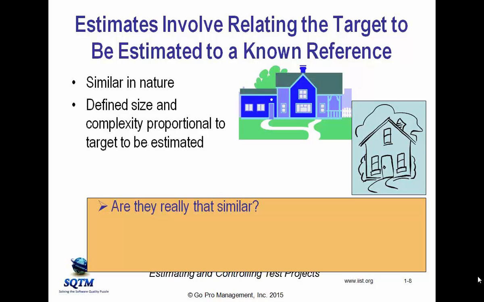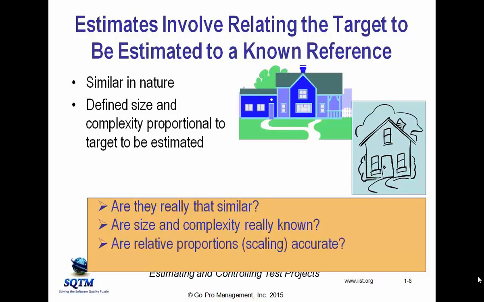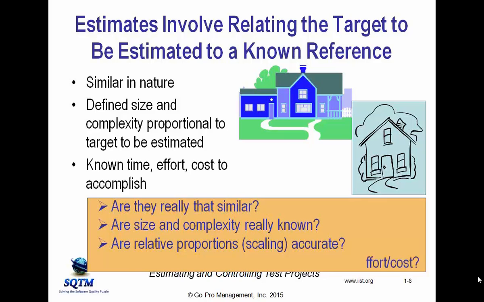The size and complexity. Do we have a way to know the size and complexity of the reference? Do we have a way to know the size and complexity of the target? And do we have a suitable way to scale them? And do we actually know what it took in order to accomplish the reference, okay, or what it should have taken, because maybe there were other factors that came into play?